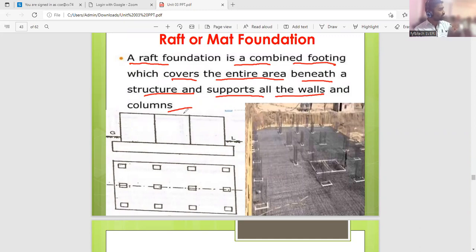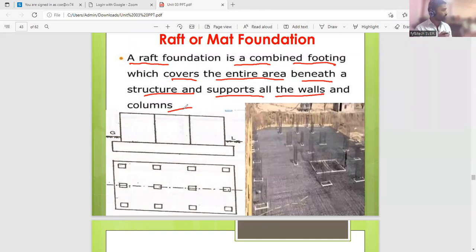What is the difference between the combined footing and raft footing? In the combined footing, we give the footing only for the columns, between two columns. Whereas in the mat foundation, we provide the foundation for the entire area. Then what is the difference between the continuous footing and the mat footing?